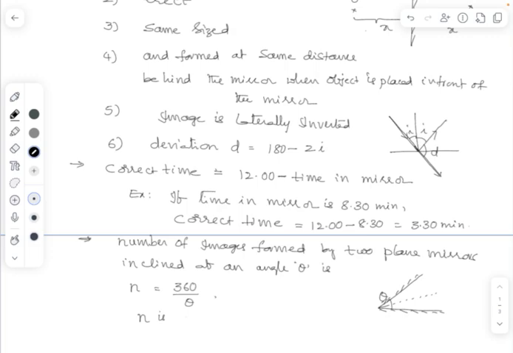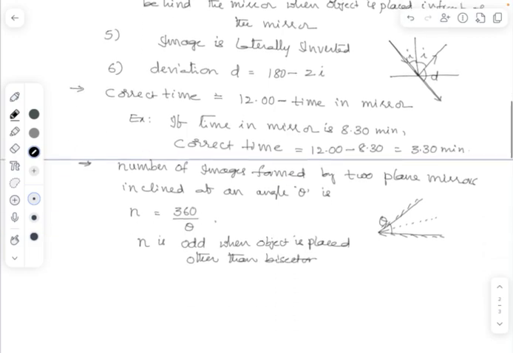N is odd when object is placed other than bisector.